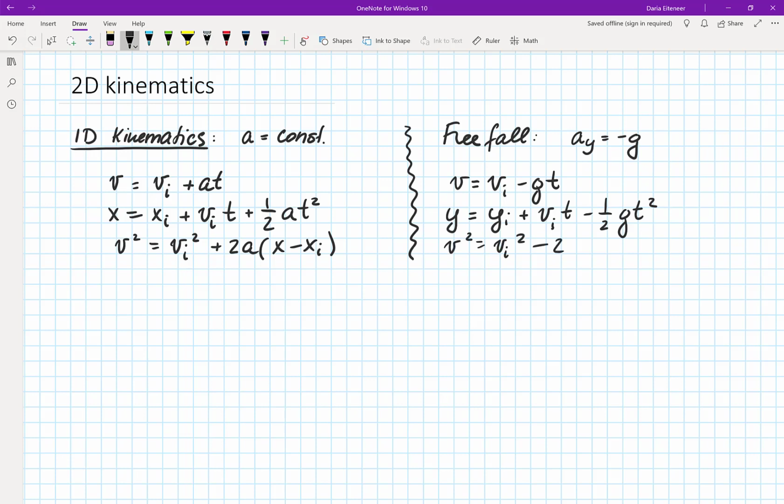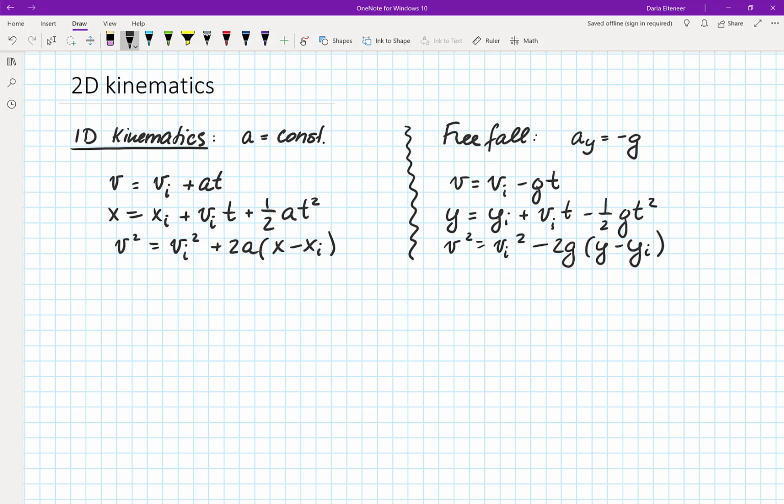So all exactly identical other than those two little changes. So this was all 1D stuff. We talked about general kinematics equations, and we talked about specifically applying those equations to free fall motion.